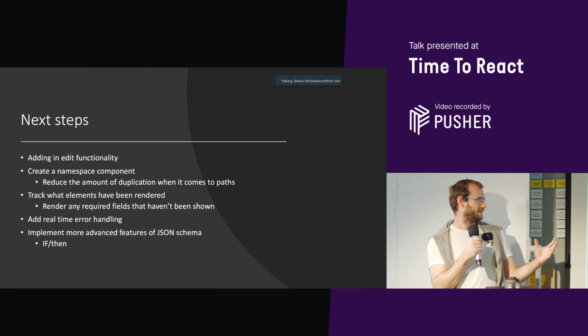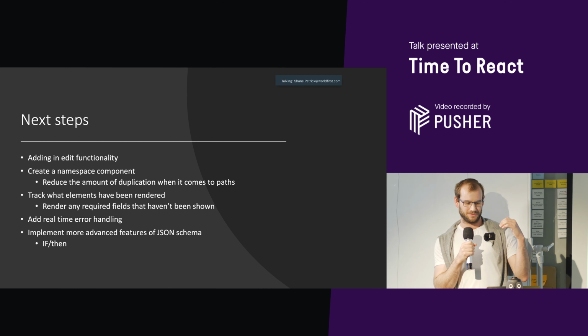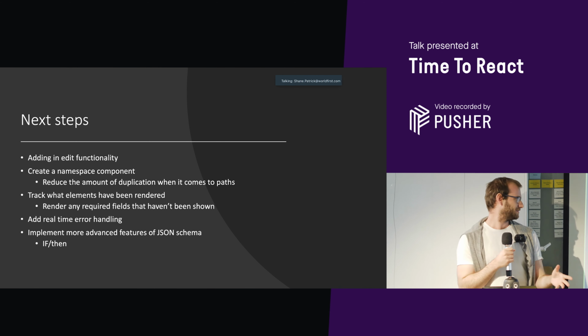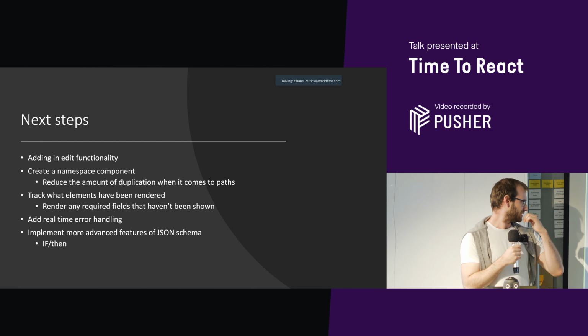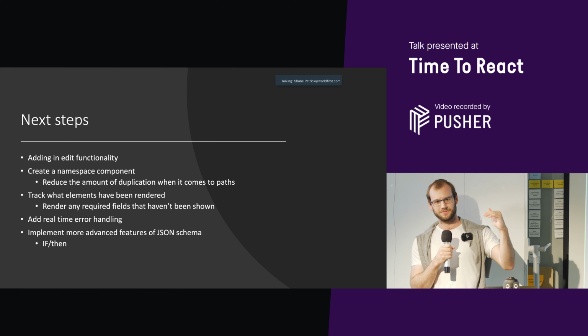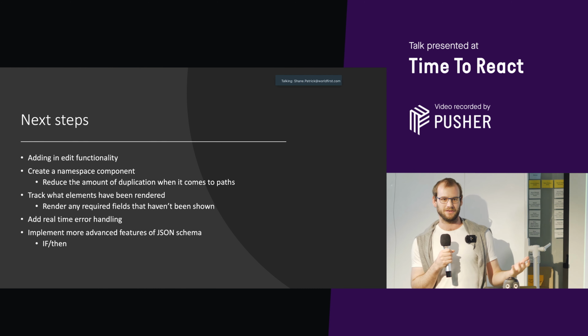But the next steps from here is, how will we make this better? And this is actually almost all of the functionality that we launched with yesterday. Sometimes there are required fields that we want to display, but we actually don't care what order they go in.